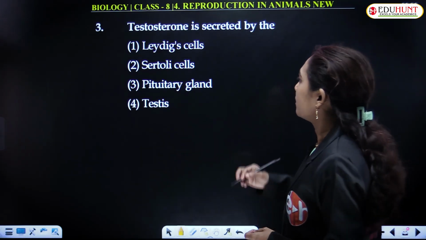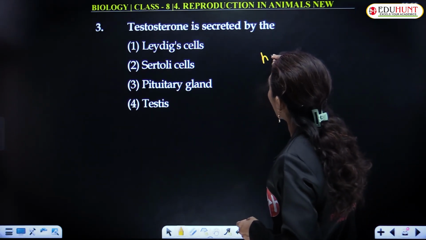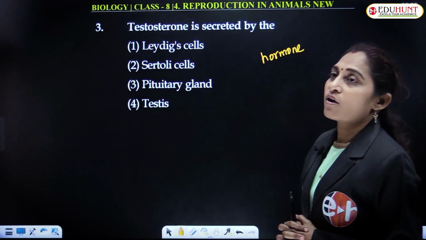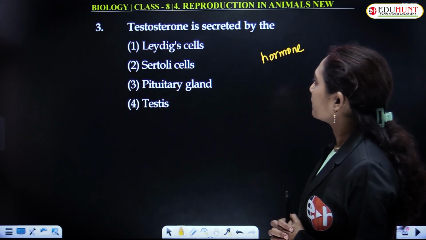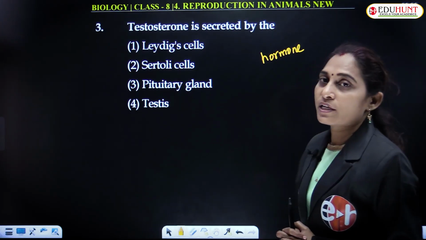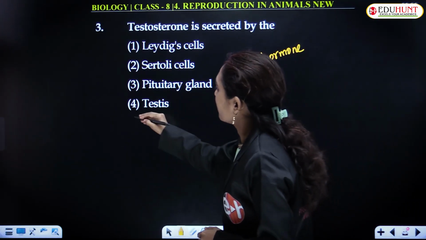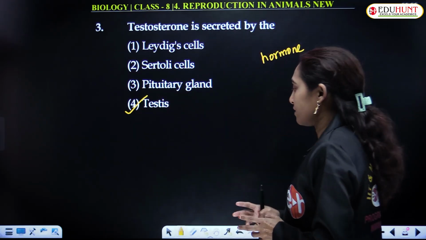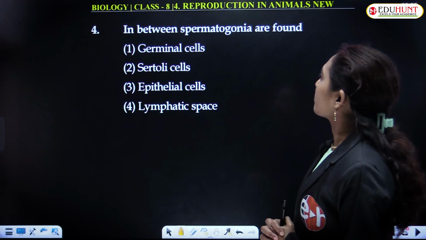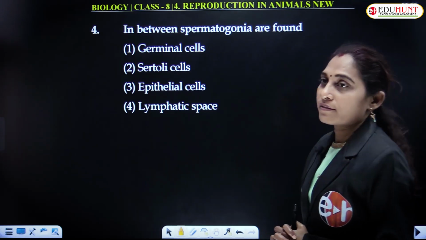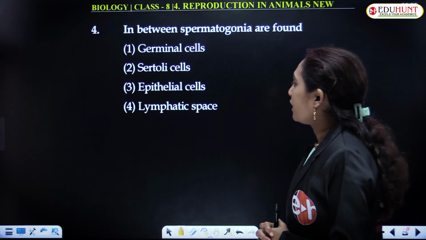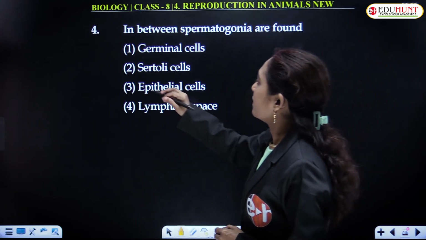Testosterone is a sex hormone. It is secreted by Leydig cells, Sertoli cells, pituitary gland, or testis. It is secreted by the testis. In between spermatogonia are found germinal cells, Sertoli cells, epithelial cells, lymphatic cells.